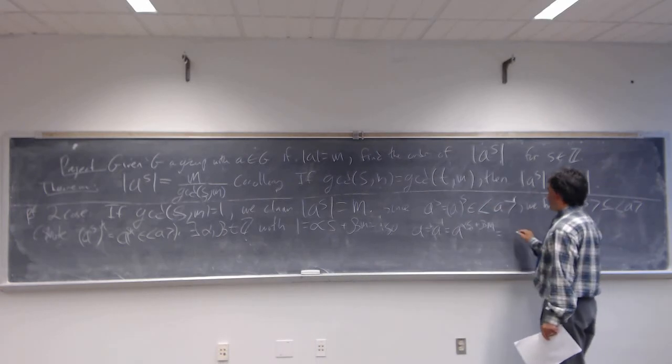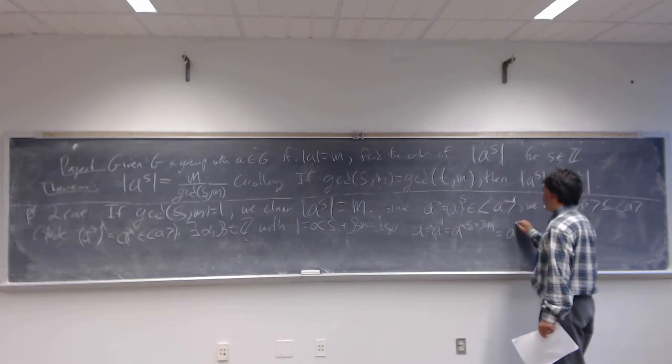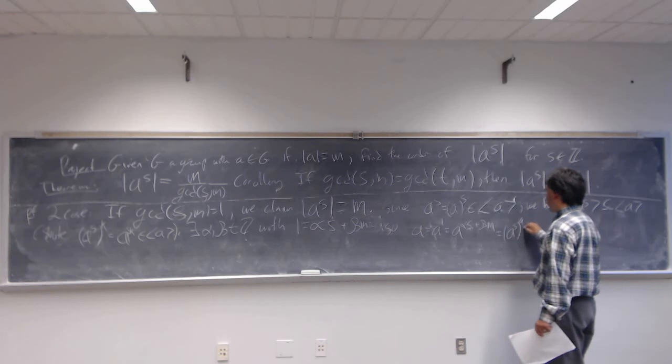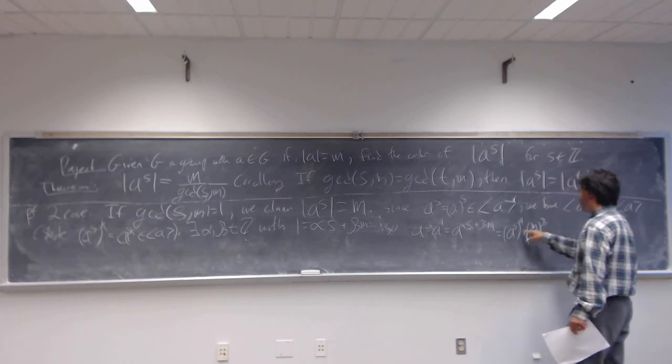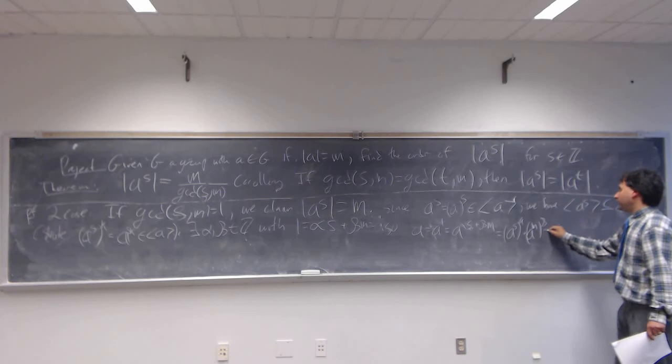But if we simplify, this is A to the S to the alpha times A to the M to the beta. But as before, we've seen A to the M is the identity.